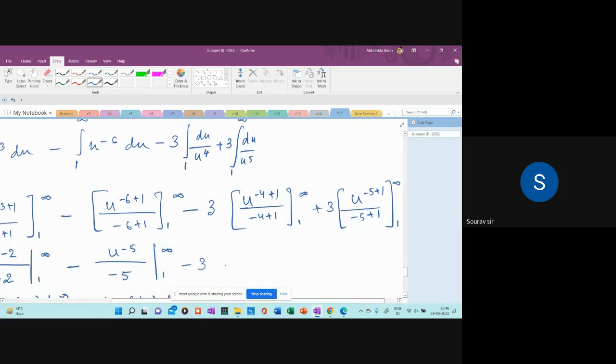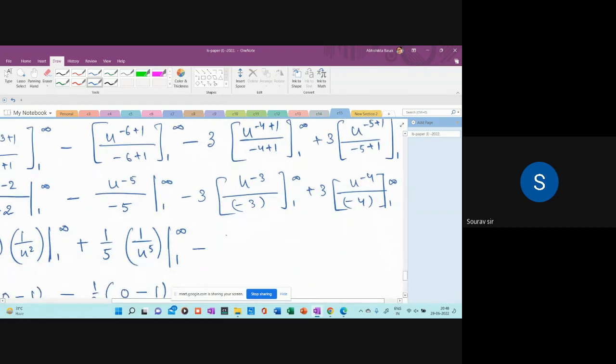Minus 3, and it gives me 1. This minus 3, this minus gives you plus, 3 cancels out, 1 by u cube from 1 to infinity, plus minus this 3 by 4, let me write this as minus again, minus 3 by 4, and this 1 by u to the power 4, which is going to give me 1 to infinity.